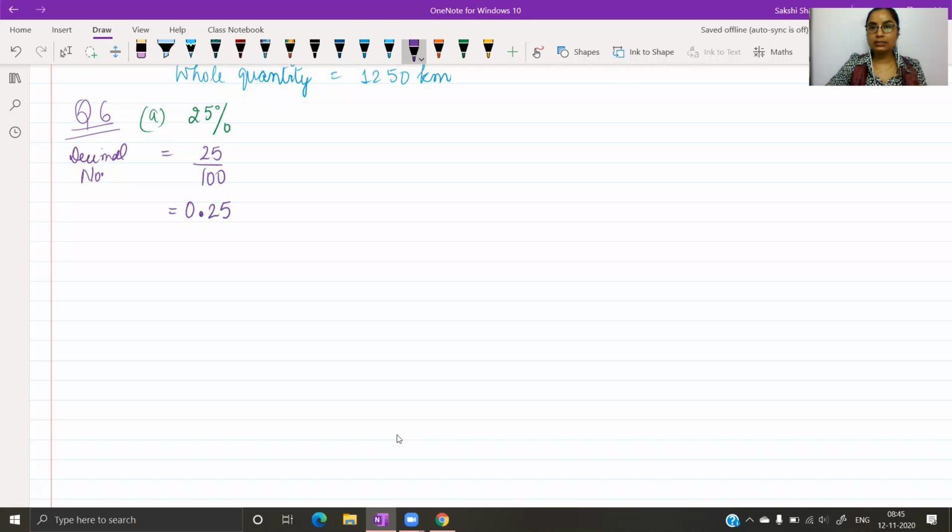This is one answer. And then you have to simplify this fraction to obtain the answer in the lowest form. Some of the students have already done. Yes, Bhavya, your answer is right for this part.